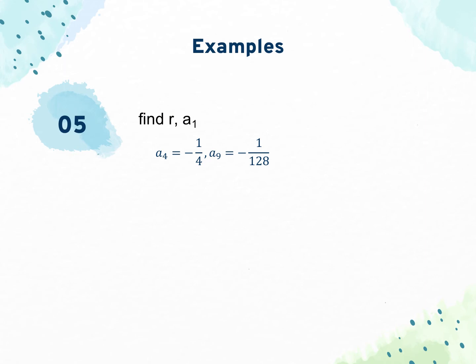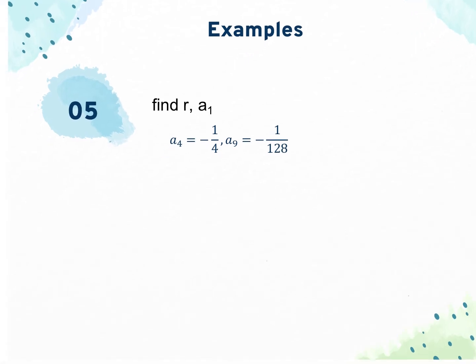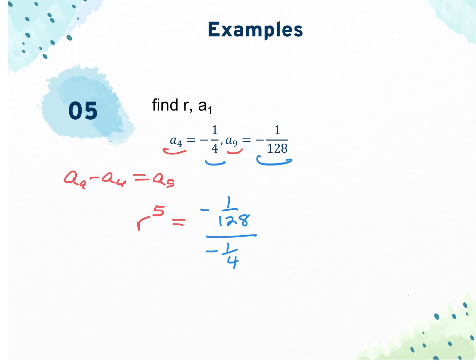All right, this one also wants the common ratio and the first term. So again, I'm going to do the same thing. I'm going to subtract the places of the terms. So I'm going to be doing a sub 9 and a sub 4, which is 5, so I'm going to be using the fifth root to find the answer here. I also have to divide these. So negative 1 over 128 divided by negative 1/4.